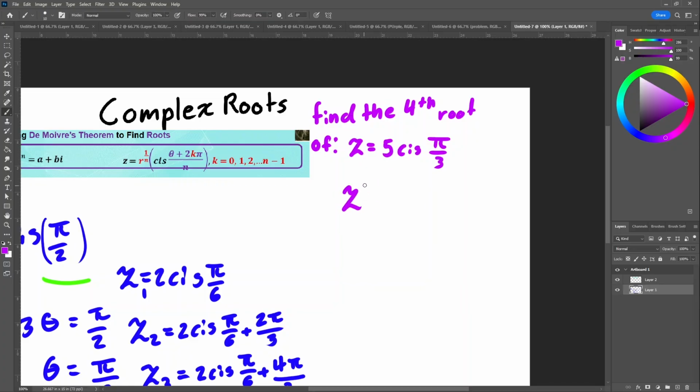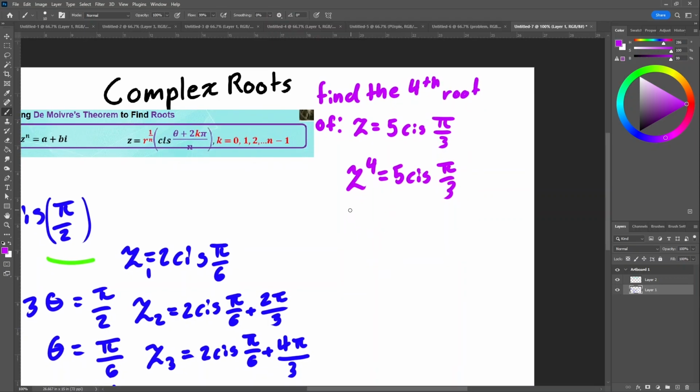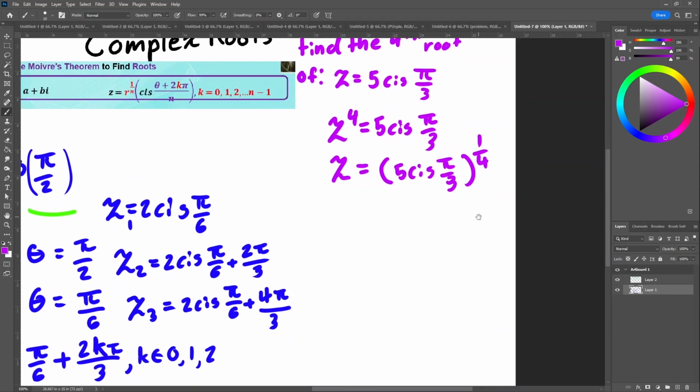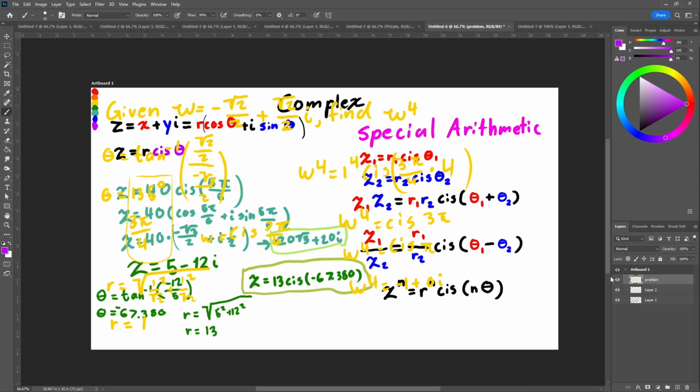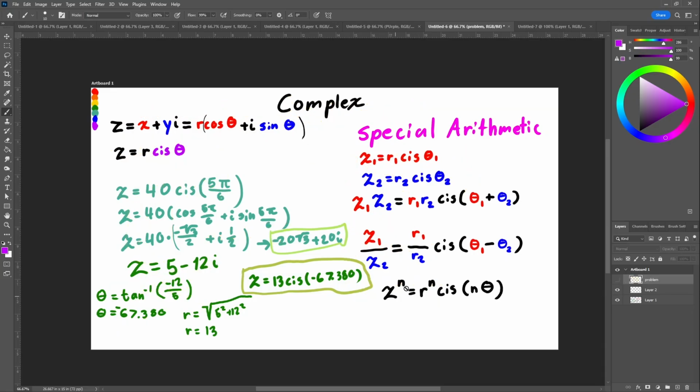So we can do z to the 4th is equal to 5 cis pi over 3. And now using de Moivre's theorem, we can just 4th root all of them. So this entire thing, 5 cis pi over 3, is to the 4th root, and we can use the special arithmetic found on this slide to help us out with that.